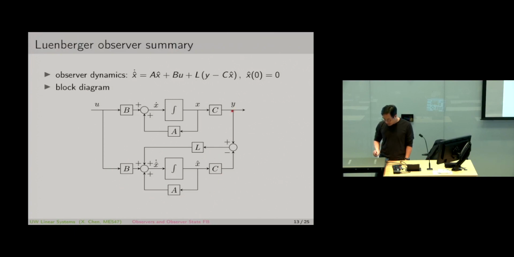And then we use the difference between the actual output Y and the estimated output Y hat from the observer. The difference is going to be driving the state estimate X hat. And then the only thing that we need to compute is this observer gain, L. That is the continuous time Luenberger observer design.